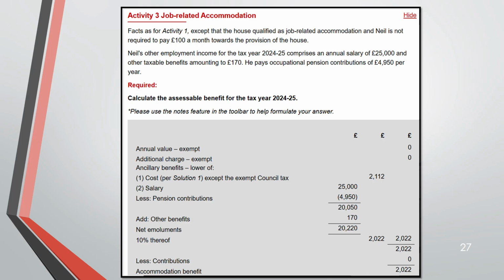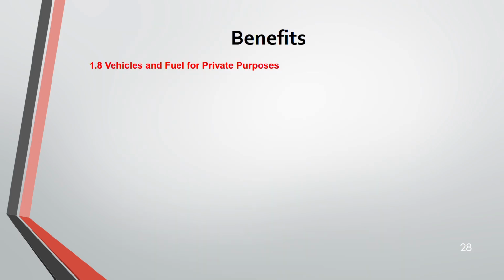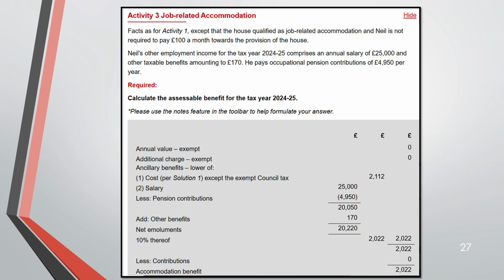Activity 3 will help you to understand this better. Facts from activity 1. Okay, now that from accommodation it became job related accommodation, and Neil is not paying 100 per month. That is, that 1200 that we deducted there is no longer applicable here because he's not paying.